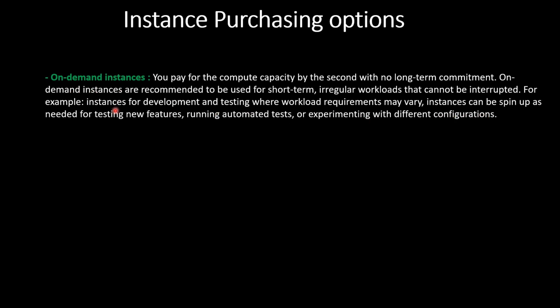With on-demand instances, you pay only for the seconds that your on-demand instances are in running state, with a 60-second minimum. The use cases are like short-term projects where there is no long-term commitment to infrastructure, such as data analysis, batch processing, or anything that needs to be hosted temporarily.